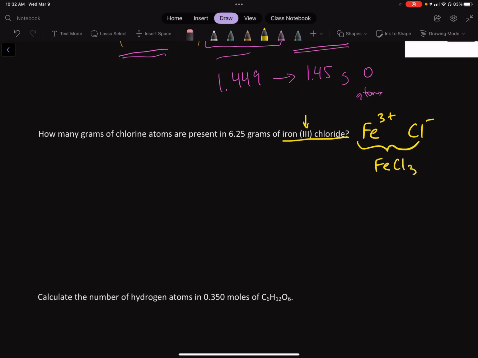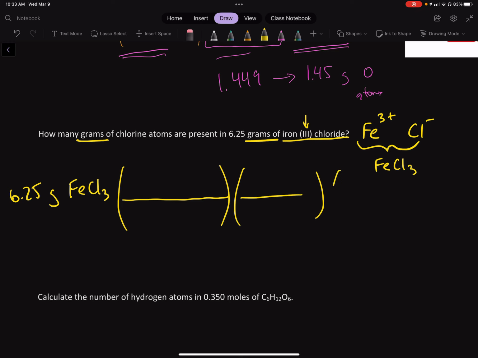So we'll start off with 6.25 grams of FeCl3. We have grams, and we're trying to get to grams, so we are going to need 3 conversions. Try to leave myself a lot of space. The first conversion, we want to go from grams of iron 3 chloride to moles of iron 3 chloride.